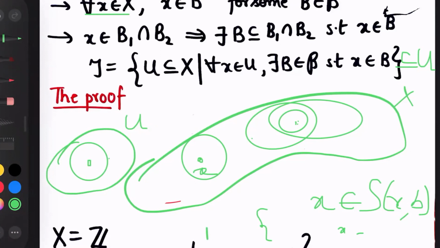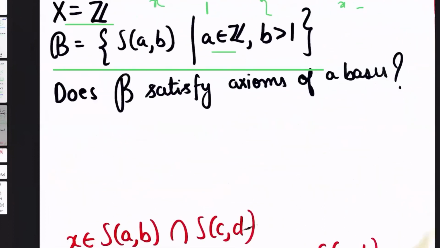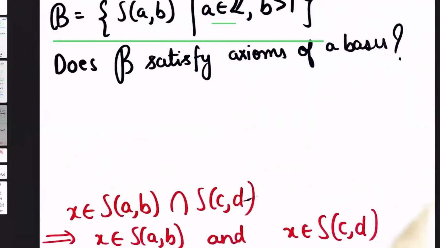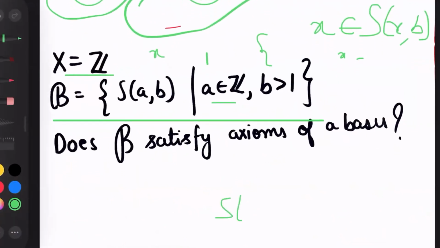Now we move on to the second criterion: if you have some integer x which belongs to two basis elements, S_{A,B} as well as S_{C,D}, then we should be able to find some S_{M,N}, which is contained in both of these and also contains x.